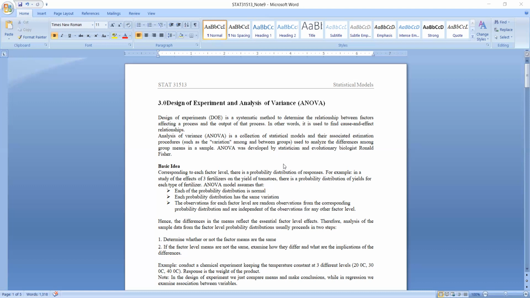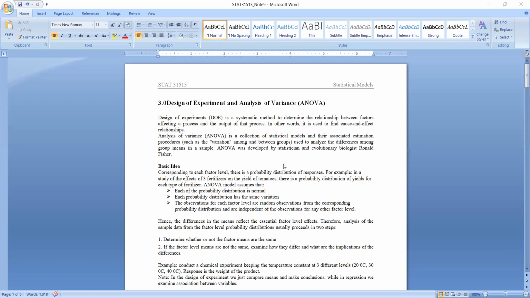For example, if you are studying the yield of 3 fertilizers, and the first observation is coming from fertilizer 1 and the third observation is coming from fertilizer 3, they are independent. So when it comes to a design of experiment, we can first conduct a one-way ANOVA.